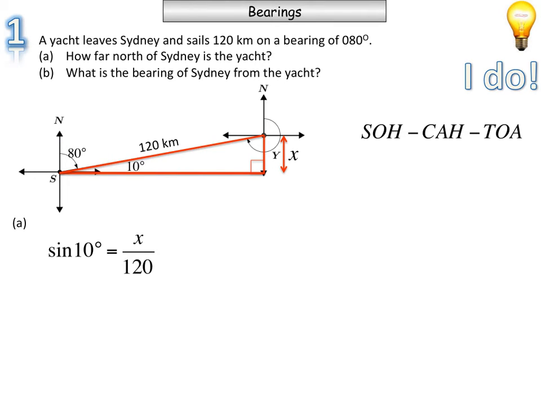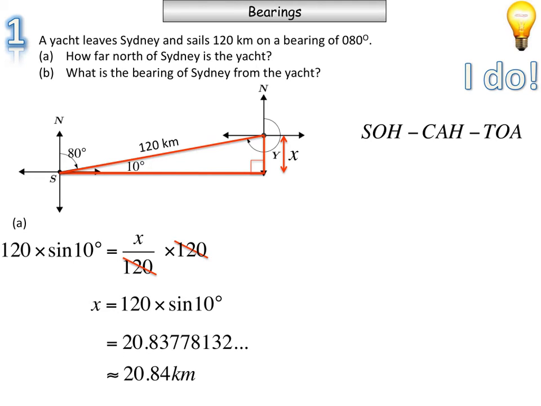We have an opposite and a hypotenuse, so using our sine ratio, sine 10 is opposite over hypotenuse. Multiply both sides by 120, and then x is 120 multiplied by sine 10. To the nearest two decimal places, we've got 20.84 kilometres.